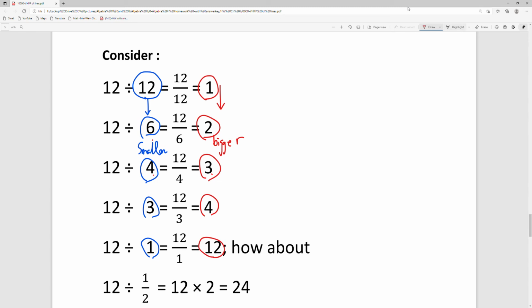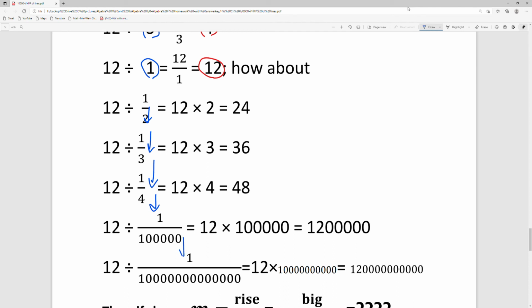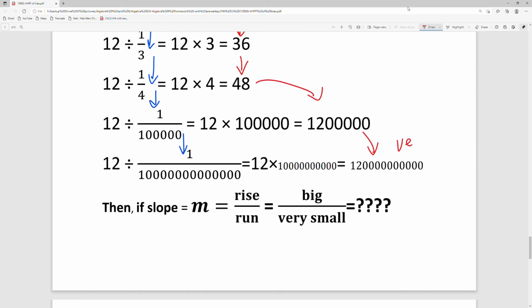So if I keep dividing the number to smaller number, my result supposed to be bigger and bigger. So you can calculate by yourself. That's very big, if you divide by a very small number.